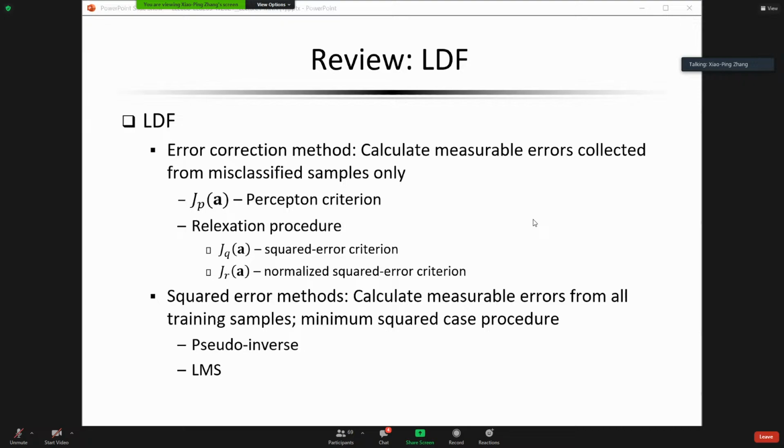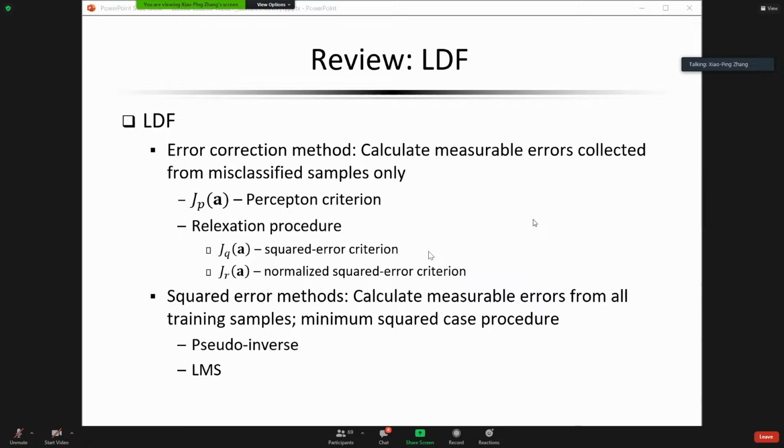The exam basically serves as what we're talking about here: a criterion. From the exam we have the criterion, and then we can adjust according to the error. It's basically supervised. We have several criteria: the perceptron criterion, the squared error criterion, and the normalized squared error criterion.